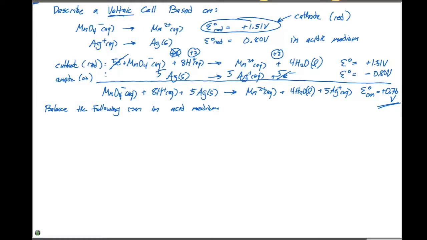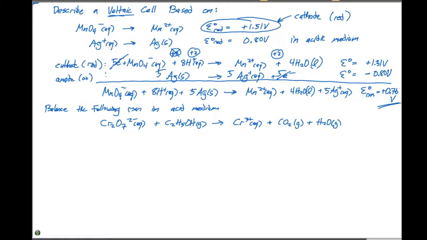And the particular reaction that we're going to balance is Cr2O7 2- in aqueous solution plus C2H5OH as a gas. This is going to give us Cr3+ in aqueous solution plus CO2 as a gas plus H2O as a gas.